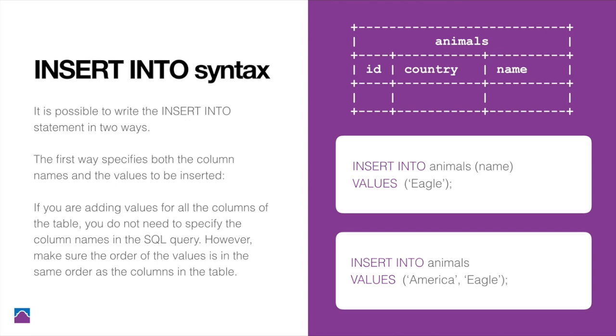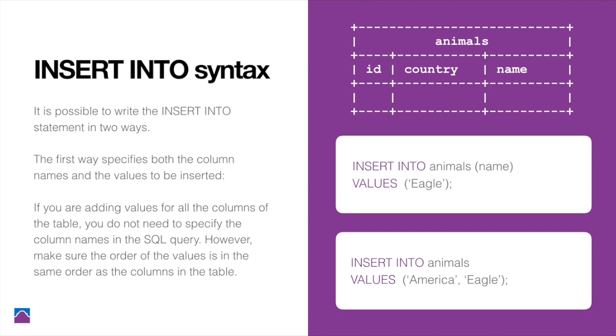So I'm saying the field is called name. That's the field name. And then I'm also stating here are the values for that. So my value is, and if you can see the single quotes, I'm saying it's a string. The value is eagle. So I'm inserting into the table animals, specifically the field name, and the value is eagle.